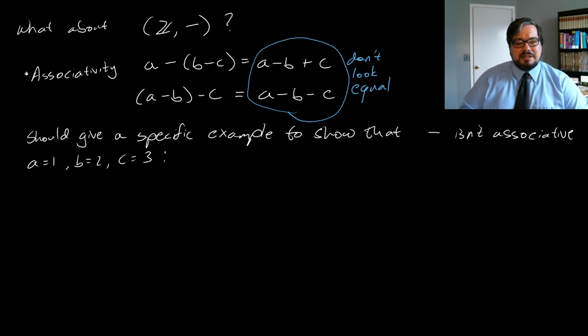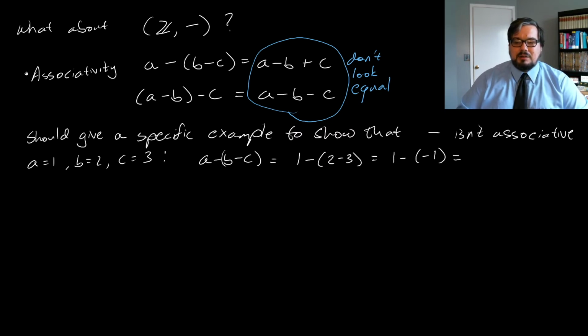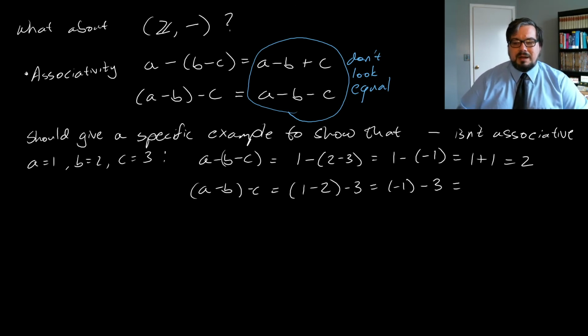In this case, we can see that a minus (b minus c) will be 1 minus (2 minus 3), which gives 1 minus negative 1, which is 1 plus 1, which is 2. And then (a minus b) minus c is equal to (1 minus 2) minus 3, which gives negative 1 minus 3, and negative 1 minus 3 is negative 4.